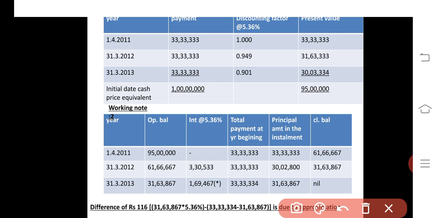So in the second installment, that is on 31st/3/2012, the opening balance, last year's closing balance will be this year's opening balance, 61,66,667. Next, in the second installment, there is an interest rate of 5.36%.